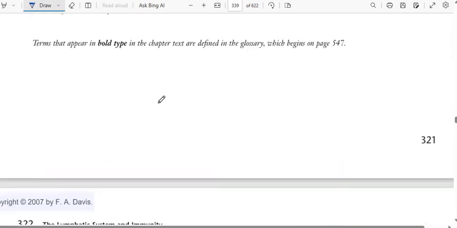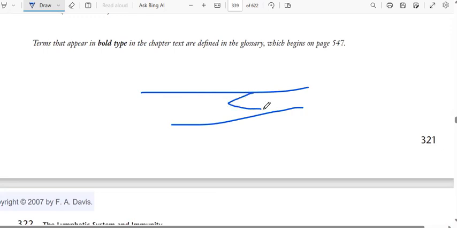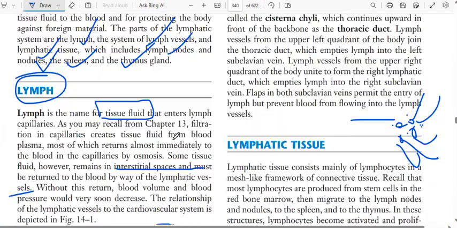Like in the veins, this is the vessel, this is the one way. So in that direction only the lymph will go. It cannot come backward because what will happen? The valve is closed. If it wants to come back, the valve will not permit it to return.